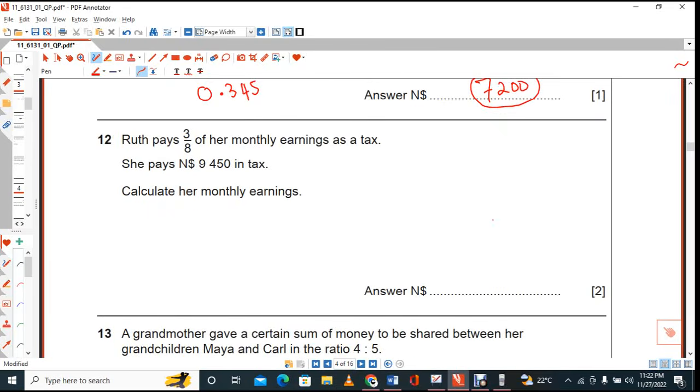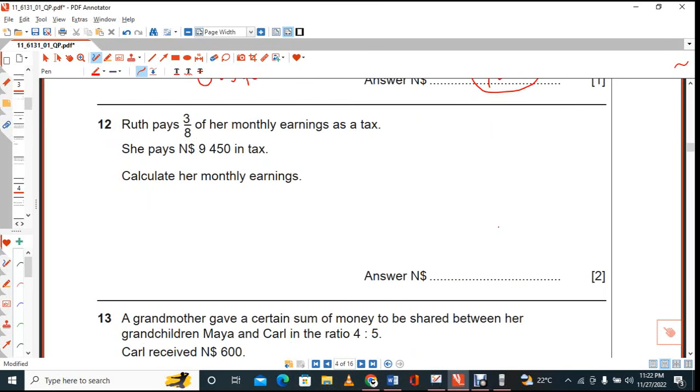Ruth pays 3/8 of her monthly earnings ex tax as tax. So what you can do is use equivalent fractions. You can say, okay, 3/8 of her monthly earnings is tax, and she pays 9,450 of the whole total earnings, which we don't know. So from here you can cross multiply in order to find what that value is.